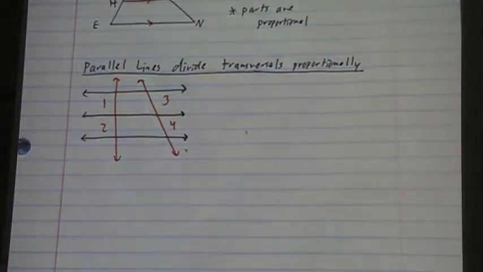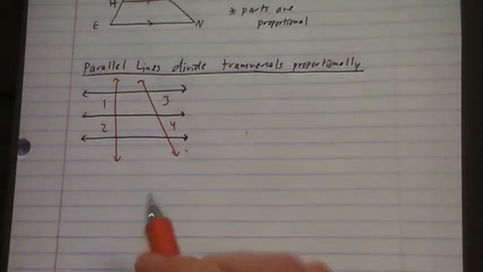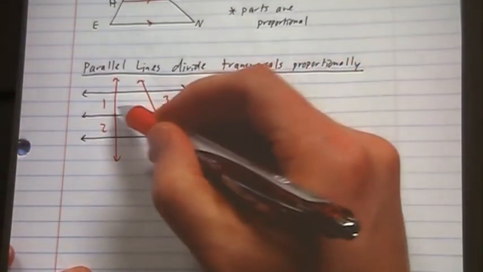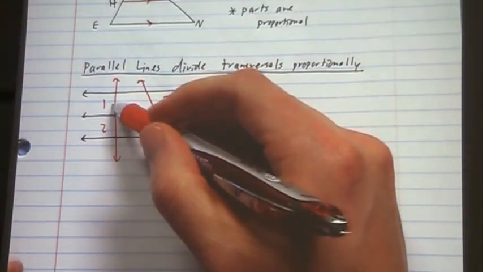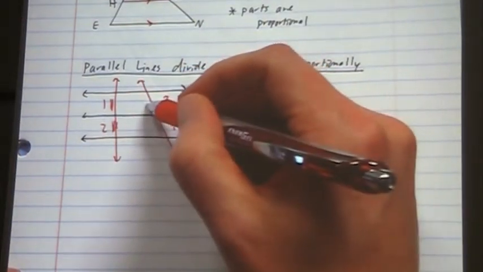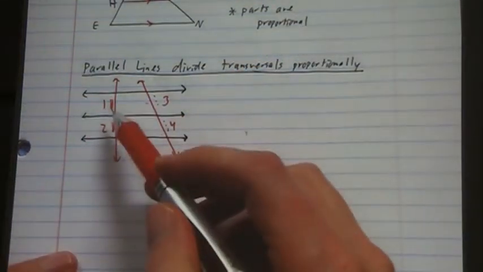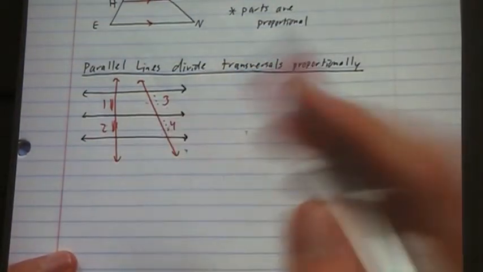And what we're going to do is kind of set these guys up. And I'm going to show you 2 ways you could set these up as proportions. You could go like top over bottom equals top over bottom. So that means these guys are proportional to these guys over here. Okay? So we can go like 1 over 2 equals 3 over 4.